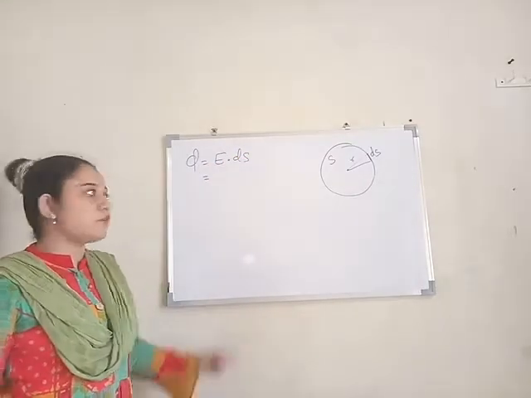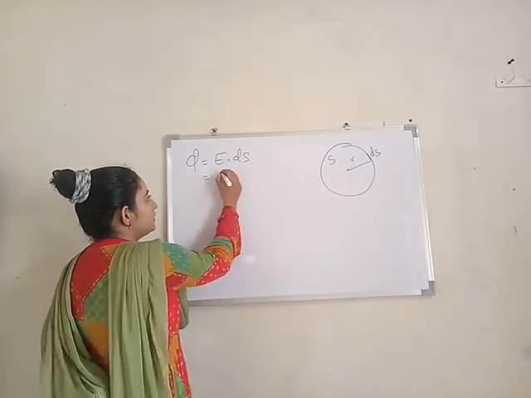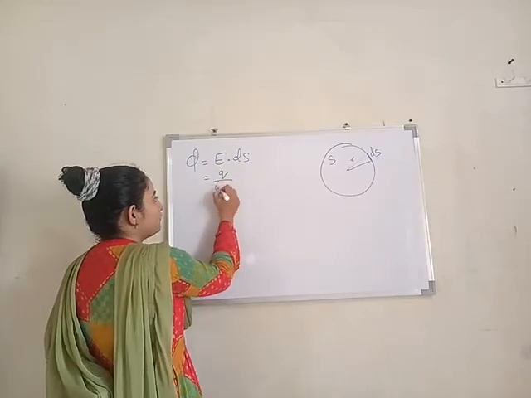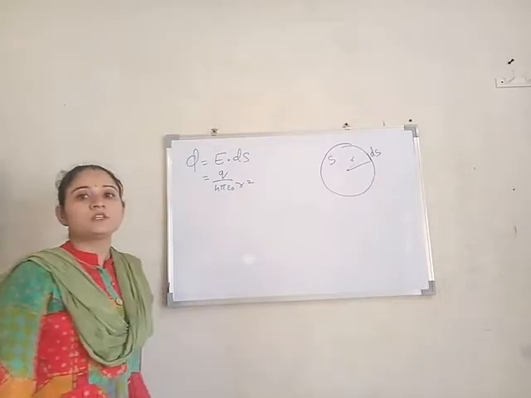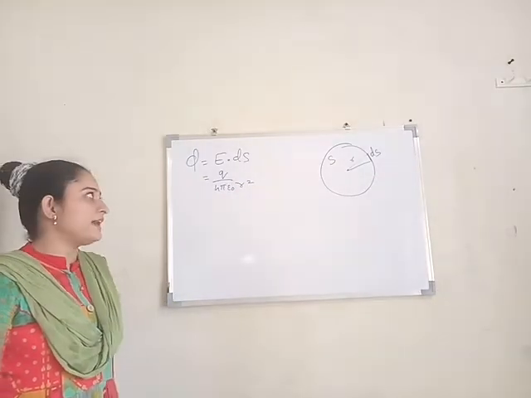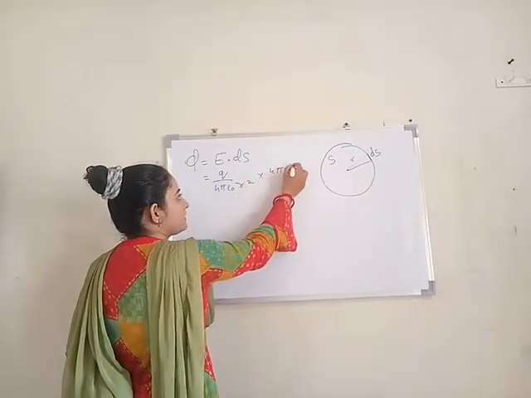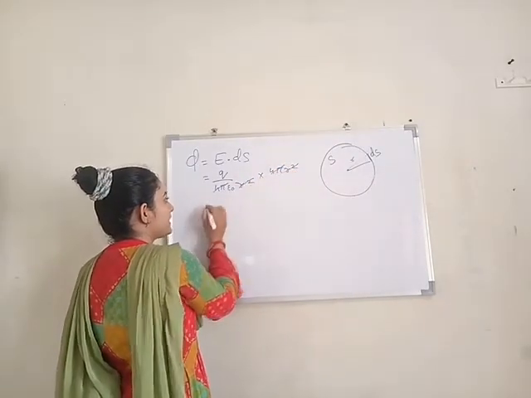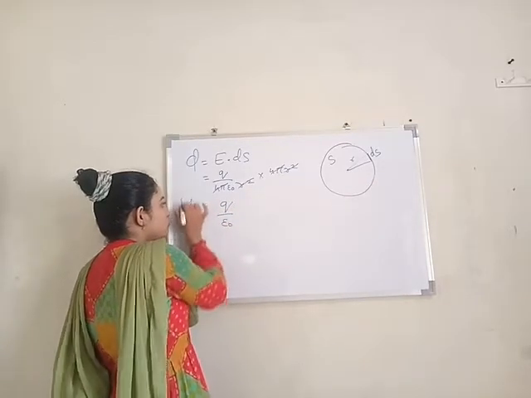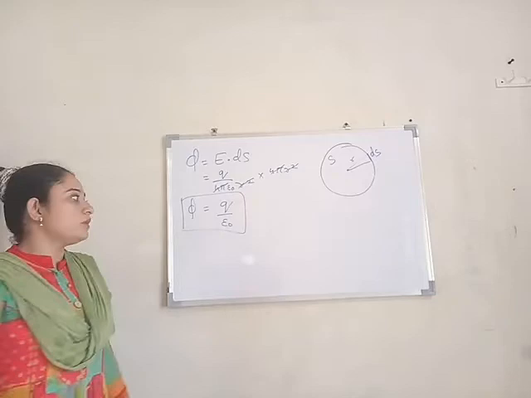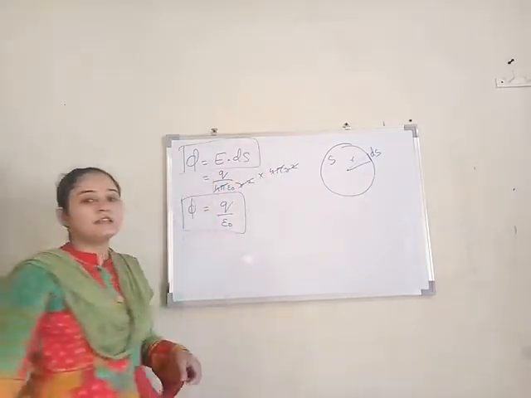We know the formula of E, the electric field of this sphere: Q upon 4 pi epsilon 0 R square. What is the area? Area of a sphere is 4 pi R square. 4 pi and R square cancel out and we get Q upon epsilon 0. So this flux phi equals Q upon epsilon 0, and phi equal to E dot dS is stated by the Gauss law.